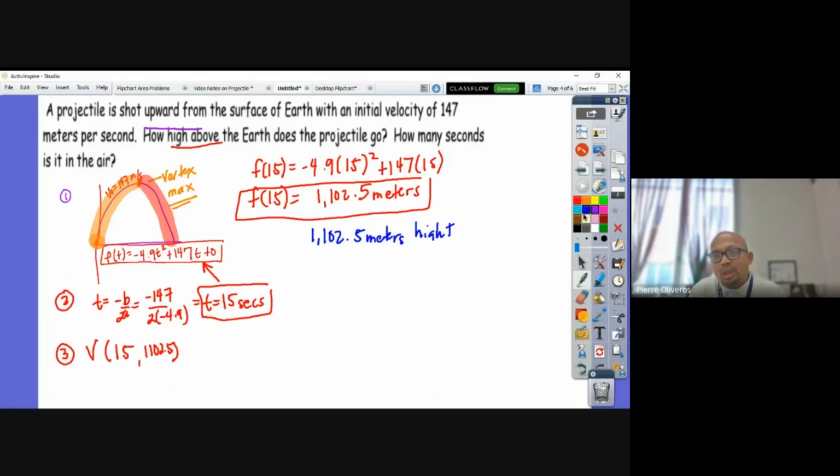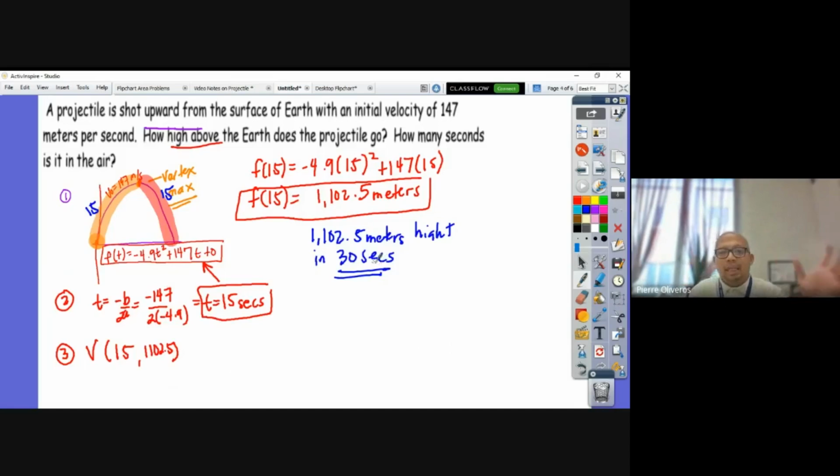How many seconds do you think it went through? If it goes up in 15 seconds, it goes down also in 15 seconds because they're the same object, same gravity, same surface. So the answer should be 30 seconds. In 30 seconds, it was all up in the air.